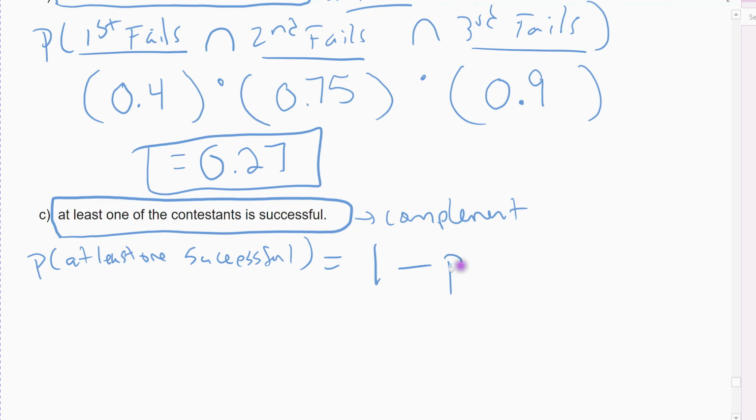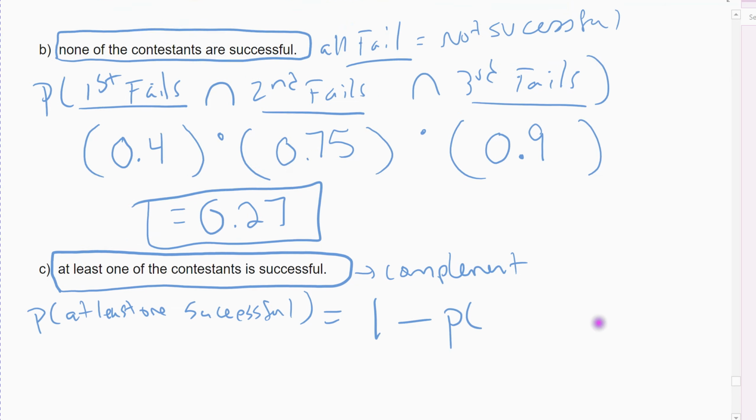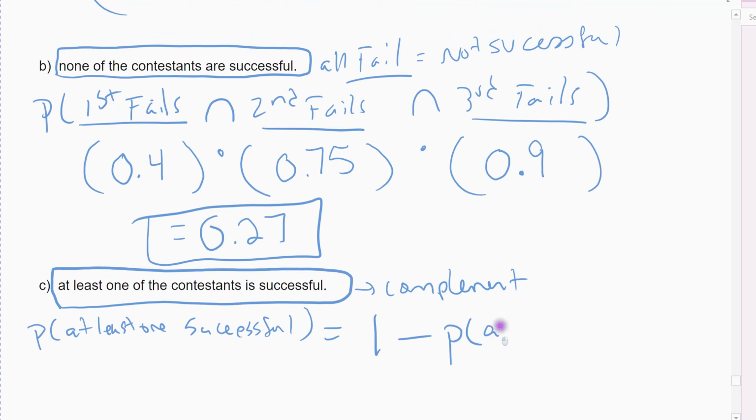I'm going to use the complement in this case, which would be 1 minus the outcome I don't want. Well, what's the outcome I don't want? I want the opposite of at least one person making the free throw. Well, the event I don't want is the previous case. They all miss the free throw. So subtract the case where they all fail to succeed.